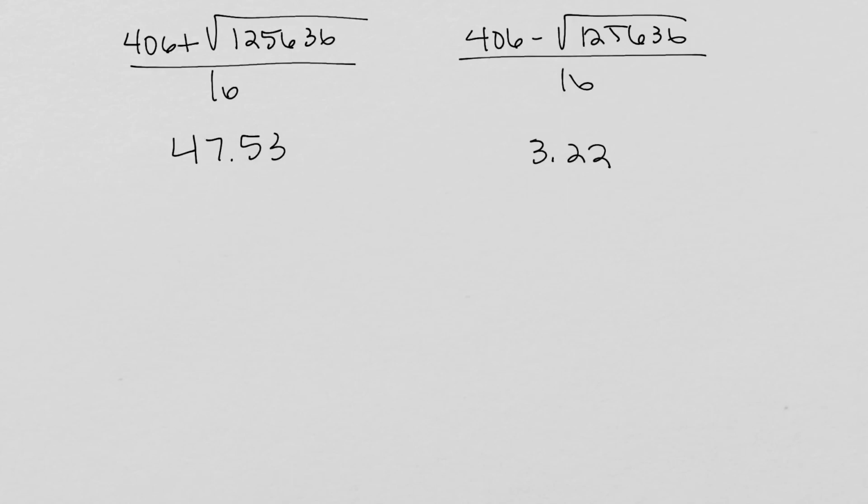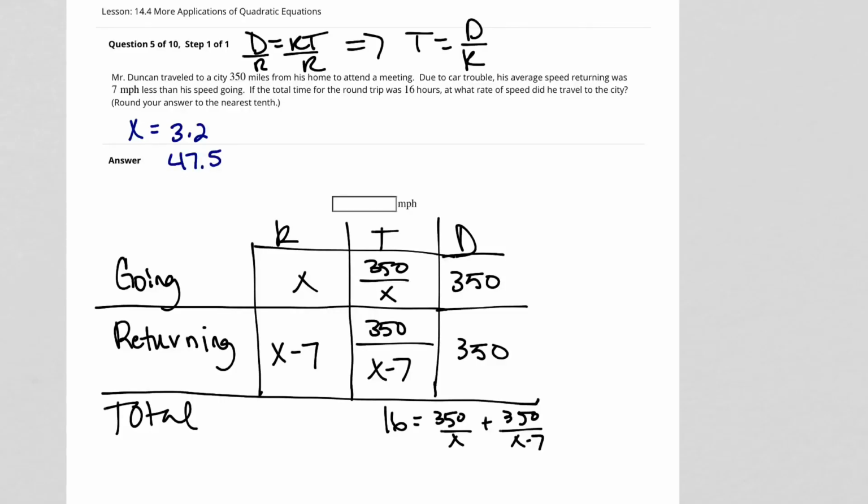And so we need to go back and see which of our solutions seems appropriate. Coming back, I transferred both of my solutions and saw that I needed to round to the nearest tenth. So my options for x are 3.2 and 47.5. If I go to my table and plug in 3.2 here, I'm going to find a problem, I think.